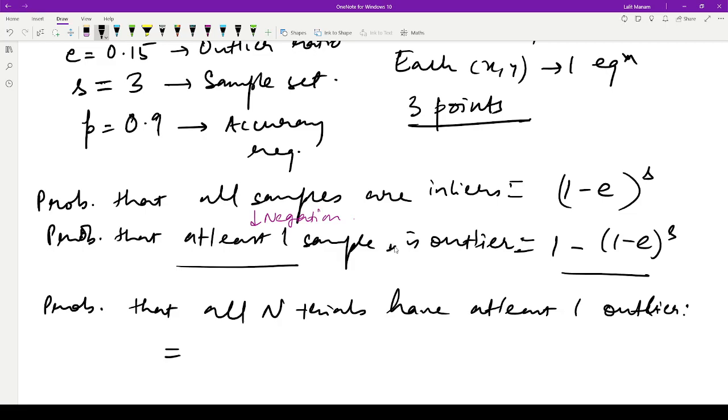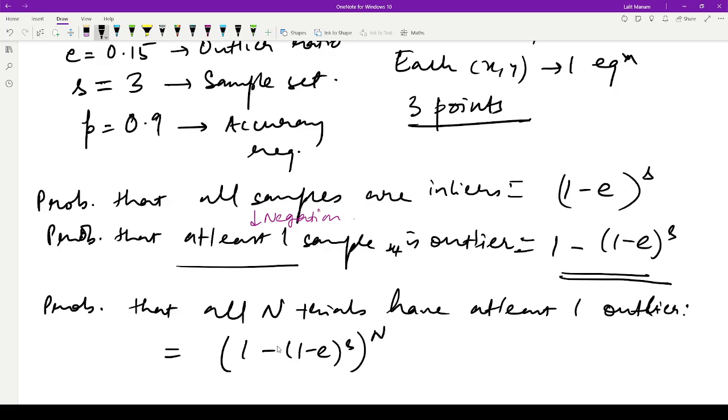N trials means the probability that all n sample sets that you have chosen will have at least one outlier. What will it be? It's just this multiplied n times. So we'll raise it to the power n.